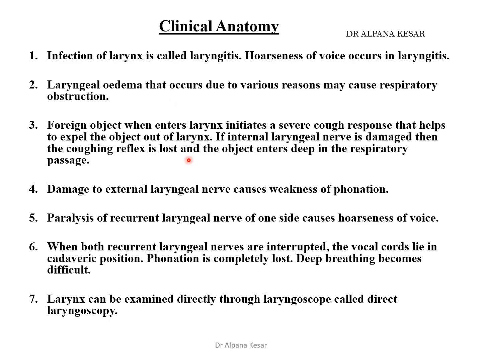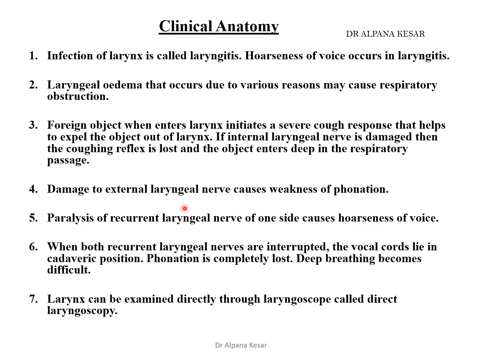Foreign objects when entering larynx initiate a severe cough response. This helps to expel the objects out of the larynx. However, during this process, if the internal laryngeal nerve is damaged, then coughing reflex is lost and the object may enter deep in the respiratory passage.